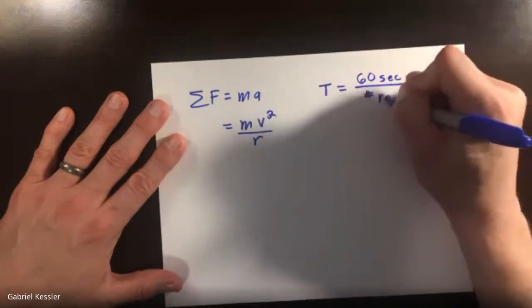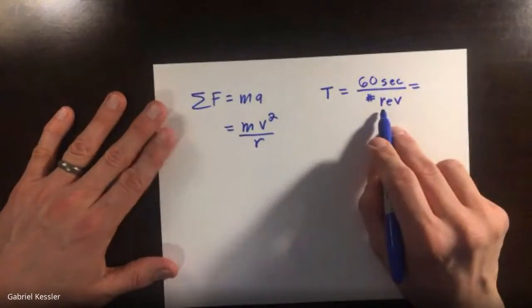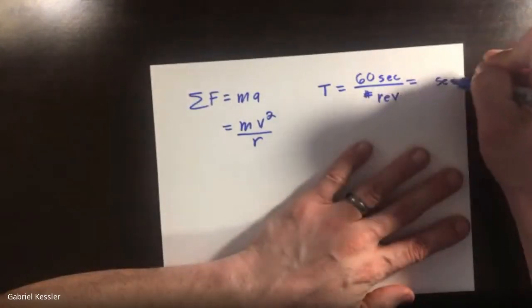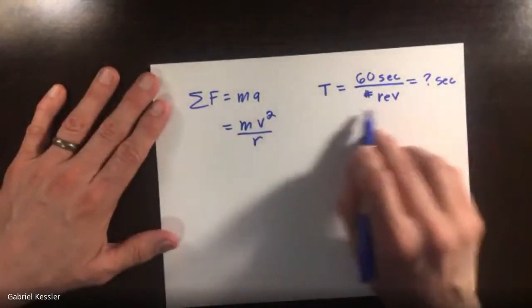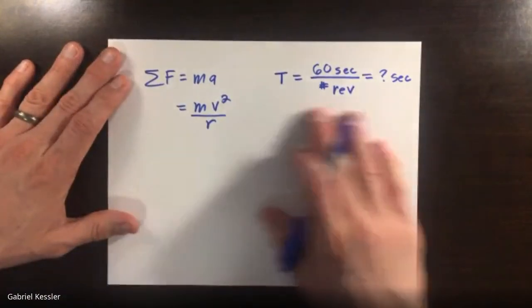What that does is give me the number of seconds per revolution. So whatever that number is, everybody's going to be different on that. That gives me the period.